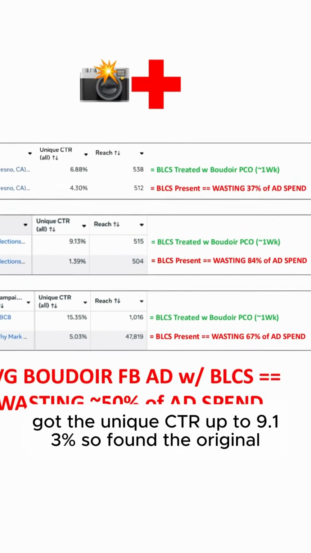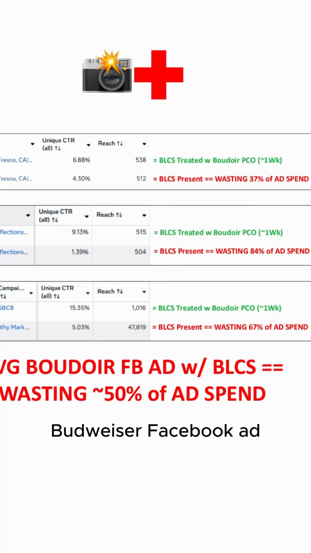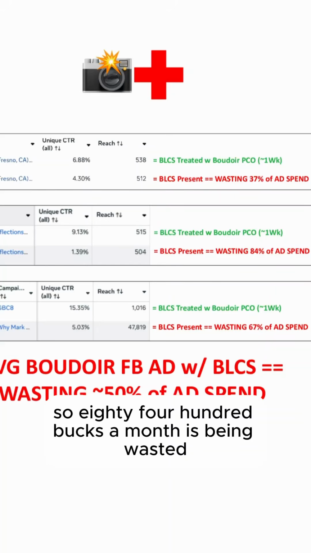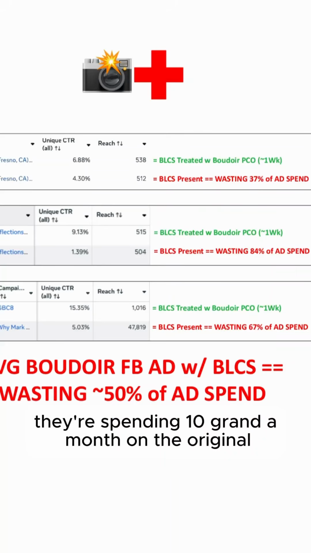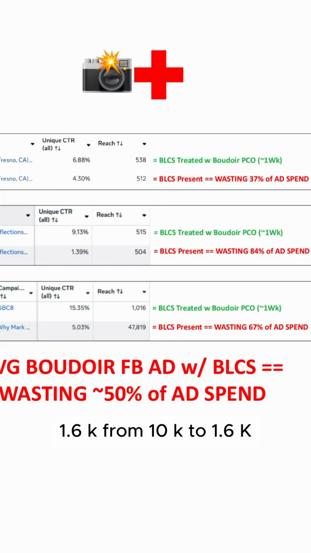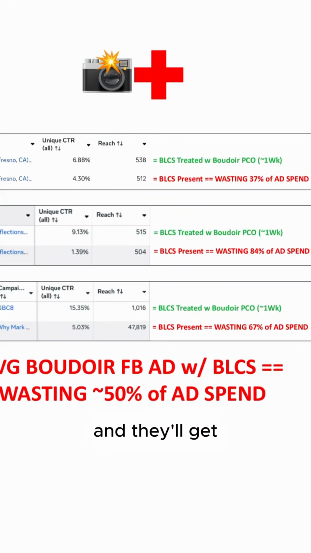So we found the original, if they're spending 10 grand a month on the original Boudoir Facebook ad, was wasting 84, literally 84 percent was being wasted. So $8,400 a month is being wasted. So if they're spending 10 grand a month on the original, they now only have to spend 1.6K, from 10K to 1.6K, on the Boudoir Pico treated ad, and they'll get that into the same number of women's brains in both scenarios.